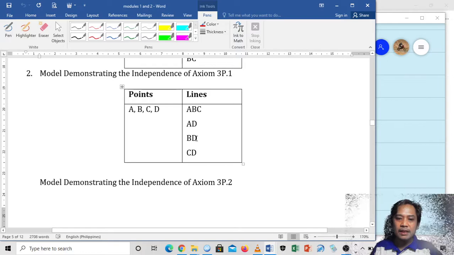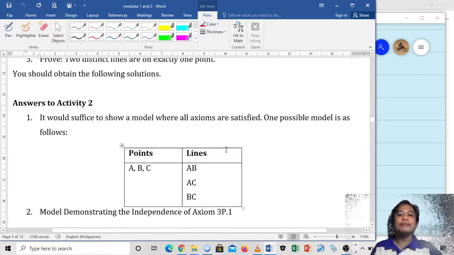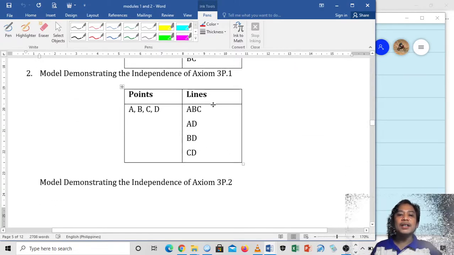AD and BD intersect at B. AD and CD intersect at D. And lastly, BD and CD intersect at D. Meaning, there is no pair which has no common point. Each pair of lines has at least one common point, which satisfies the fourth axiom. So, here, only axiom 3p.1 was not satisfied. Therefore, axiom 3p.1 is independent of the other three.